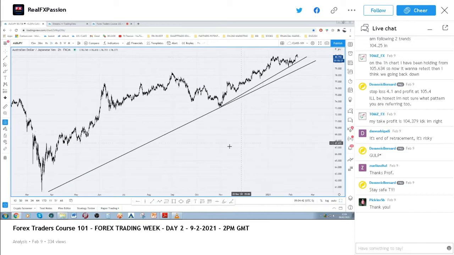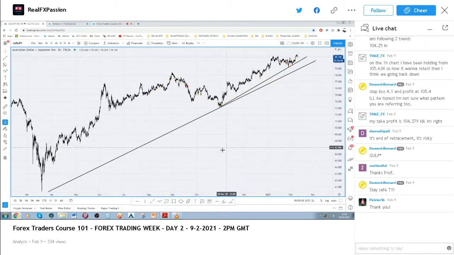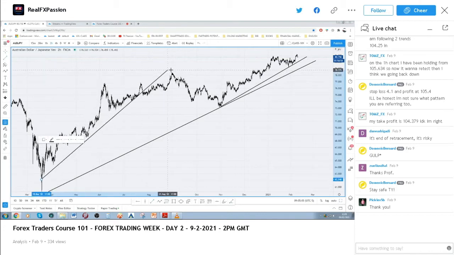Now, market structure or the market wave: extension, retracement, extension, right? Okay, let's do it one more time. So this would be the extension. Let's color code this.